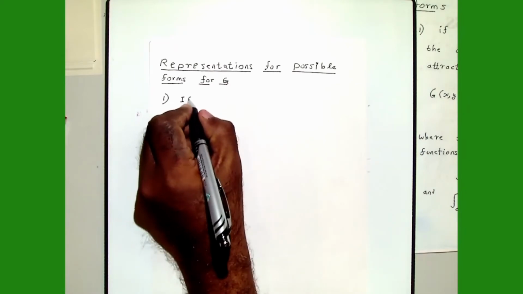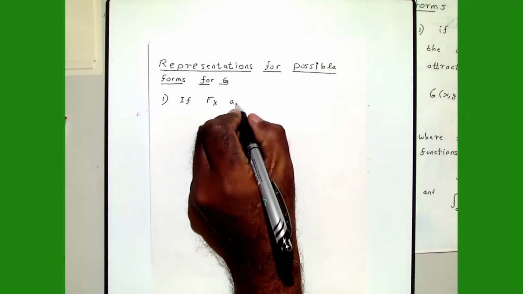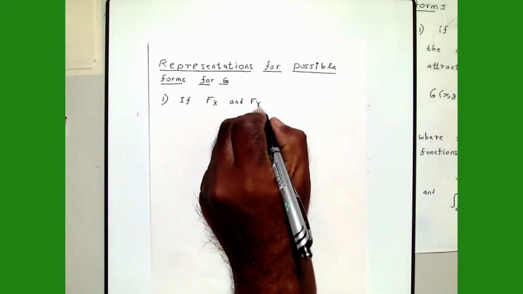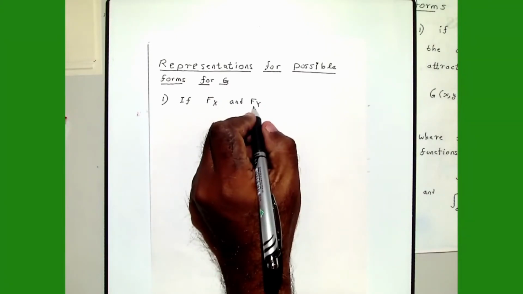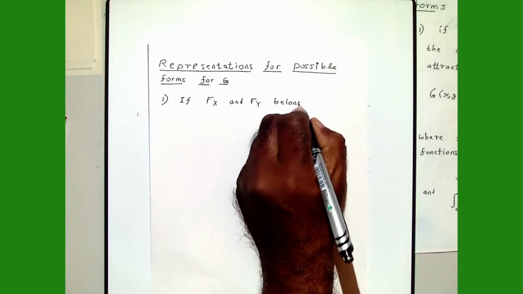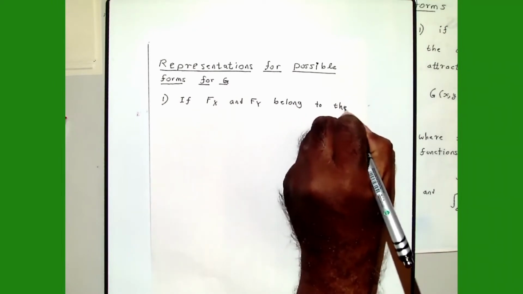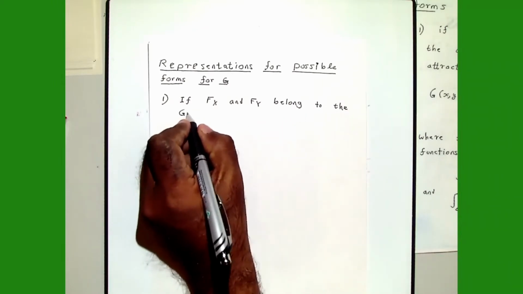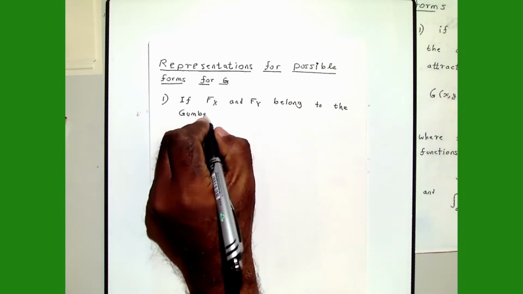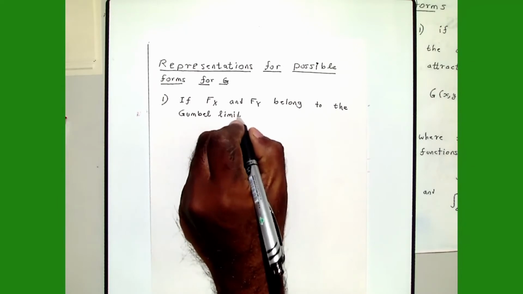suppose Fx and Fy are the 2 marginal CDFs of the data belonging to the Gumbel limit. Okay.